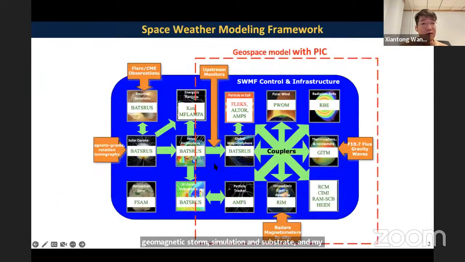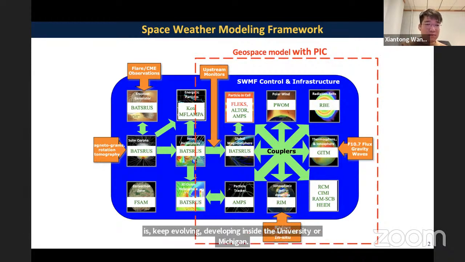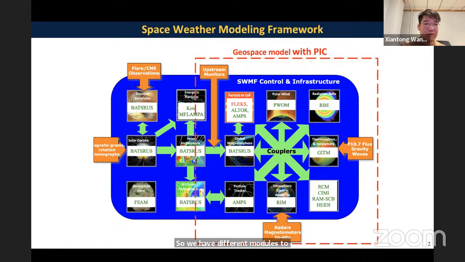So to start with, I would like to show the different components of the Space Weather Modeling Framework, which keeps evolving and developing at the University of Michigan. We have different modules to simulate different parts of the space system, or the solar-terrestrial system. The red box here shows the geospace model with the particle-in-cell model.